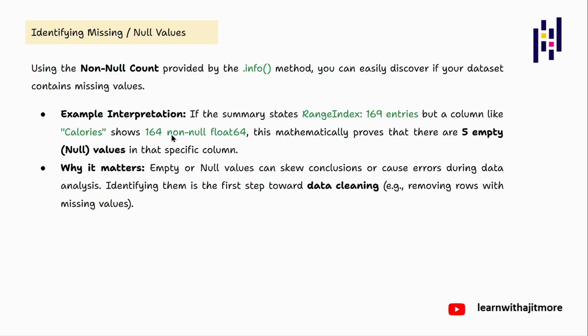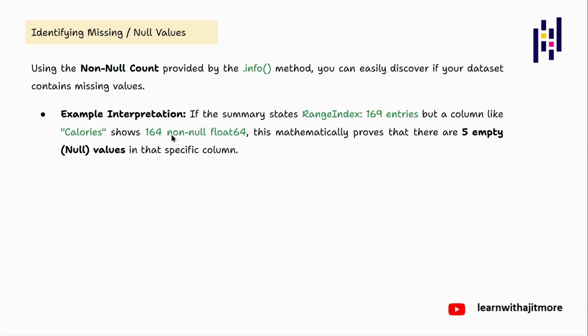Getting it? These null values are the candidates for the cleaning part, because you cannot keep these values. If you keep them, your results will not be accurate in whatever analysis you do later.